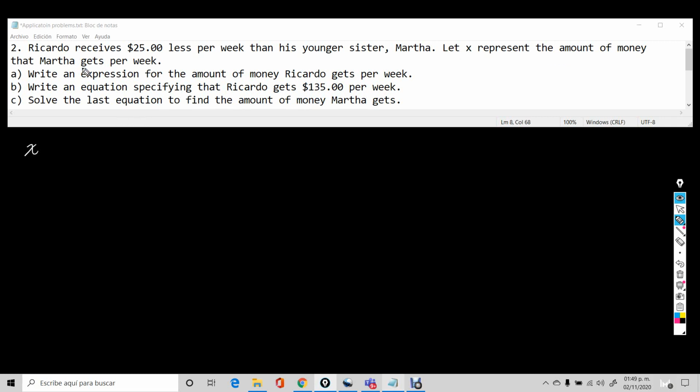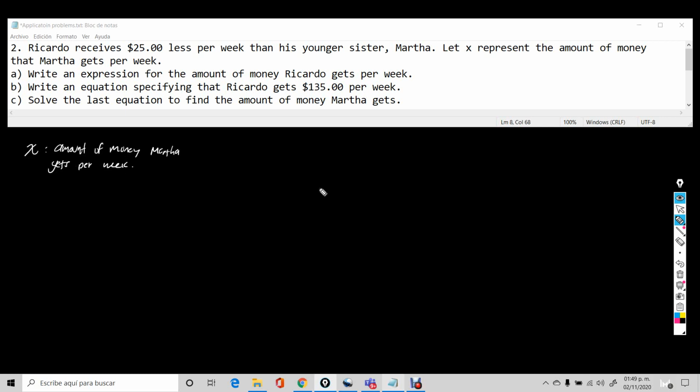It represents the amount of money that Martha gets per week. So when I write x, I'm gonna declare that this is the amount of money Martha gets per week. Remember, always declare your variables.